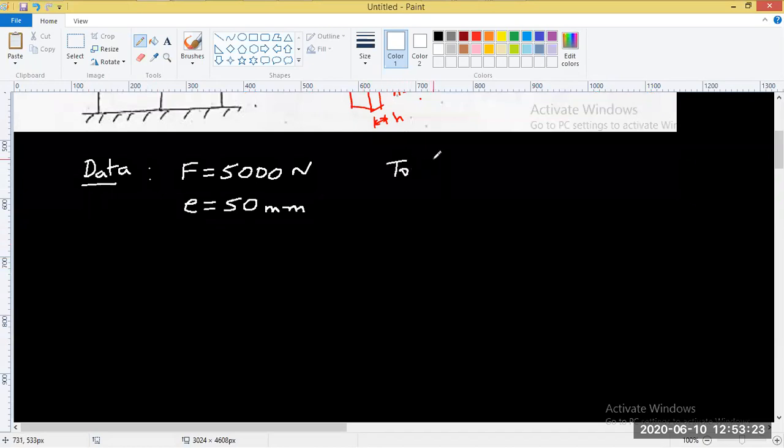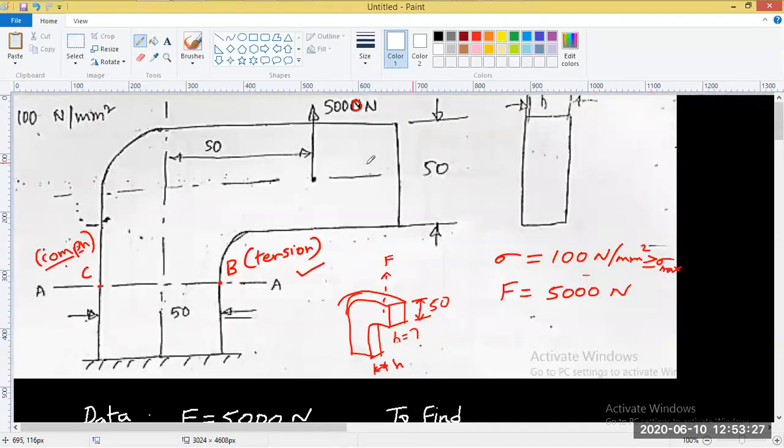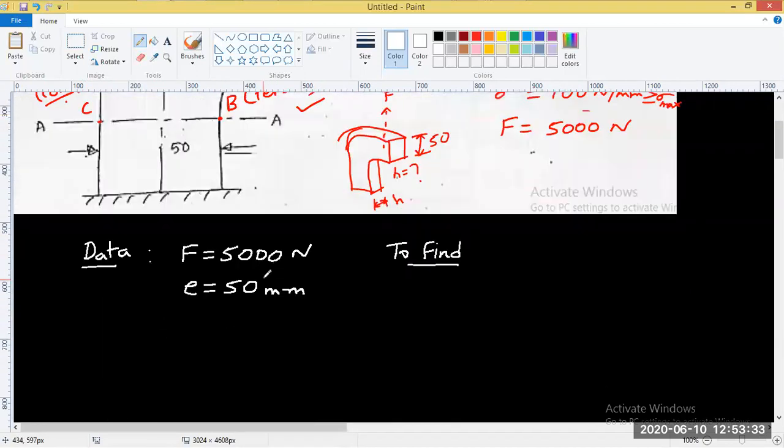Then what do you need to find? So write down what you need to find. Since there are two conditions here, the tensile and compression, and I told you compression is stronger, we'll consider the tension part. So that means, sorry, this is stress. Stress in the tensile case.